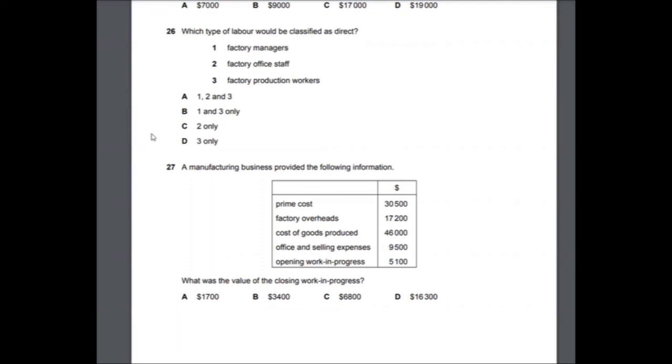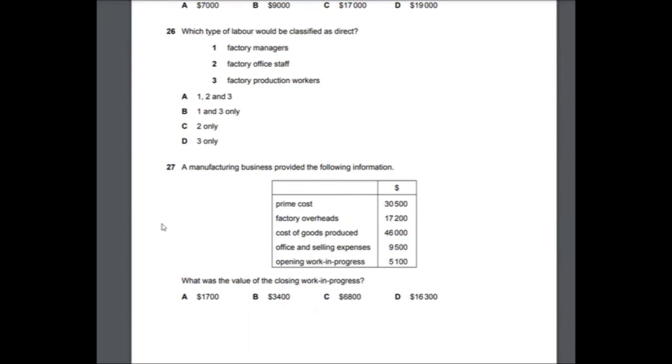Multiple choice 27, again, that's manufacturing. You just need to follow the formula, and you can calculate the value of closing work in progress by yourself. But for the sake of answers, the correct answer to multiple choice 27 is going to be option C. I'm not solving this question here because it's just following the formula.